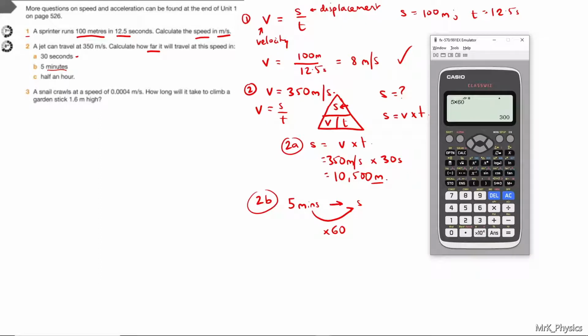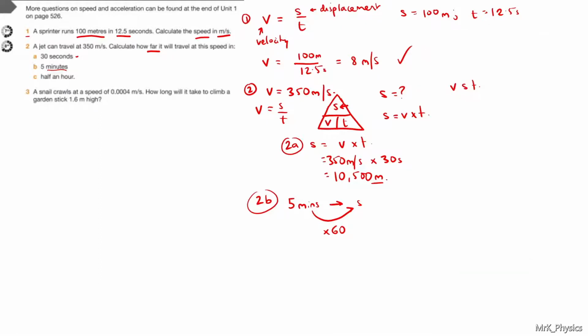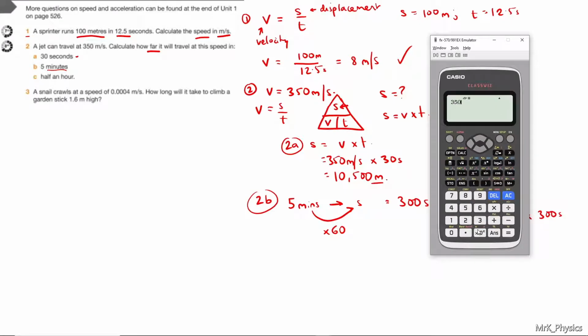Because each minute has 60 seconds. 5 minutes must have 5 lots of 60 seconds, which is 300 seconds. Now we use our equation, s equals v times t. v is still the same as before, 350 meters per second, times the time, which is 300 seconds. And lo and behold, we're going to get 350 times 300, 105,000.